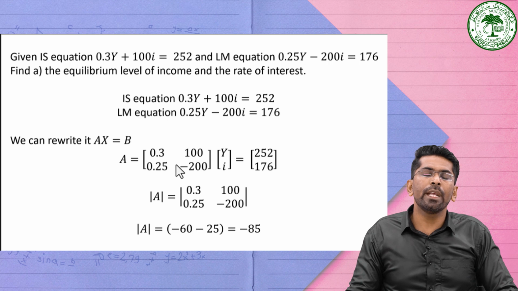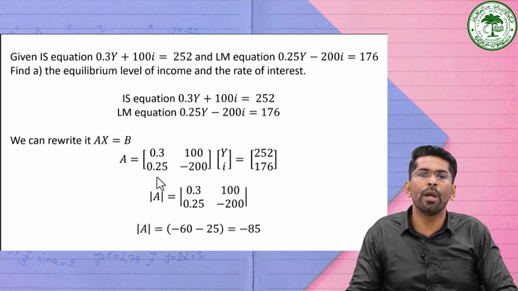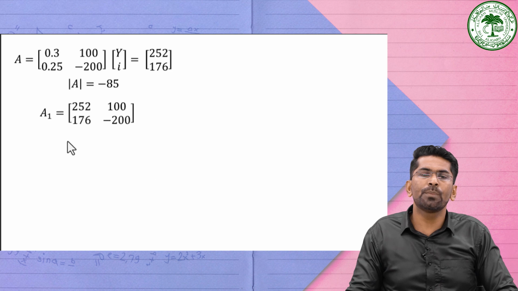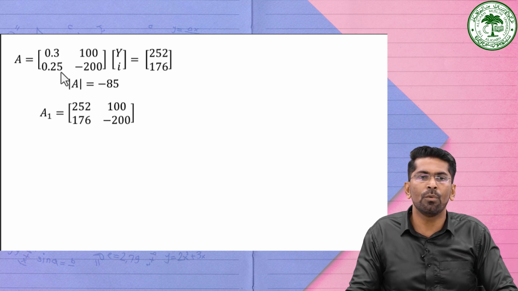Now we are going to replace the first column of the original matrix with the constant matrix elements, that is 252 and 176, instead of 0.3 and 0.25, so that we will get a special matrix. So here the special matrix A1 is equal to, now I am writing the first column as 252, 176 instead of 0.3 and 0.25. The second column will be as it is, that is 100 and minus 200.